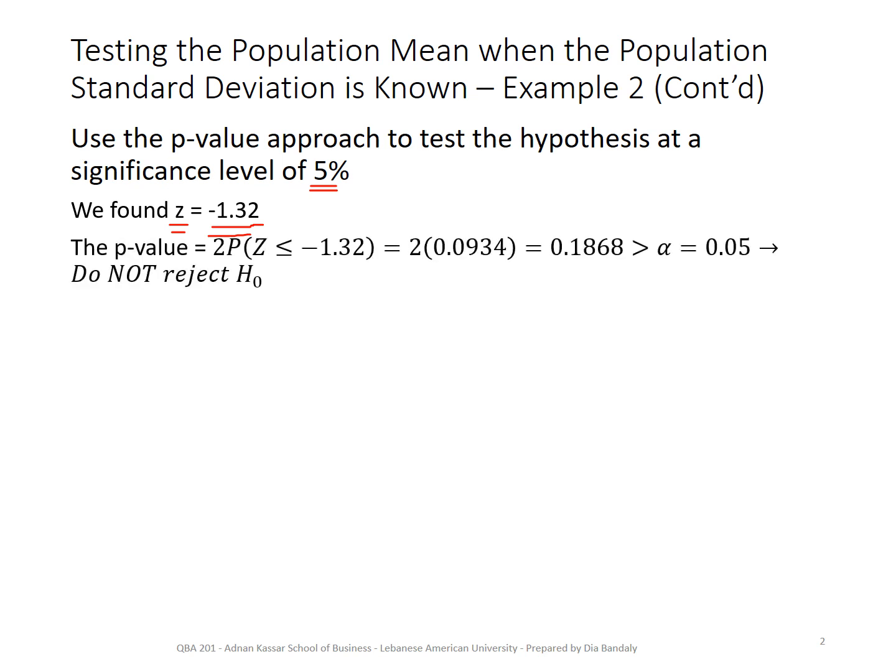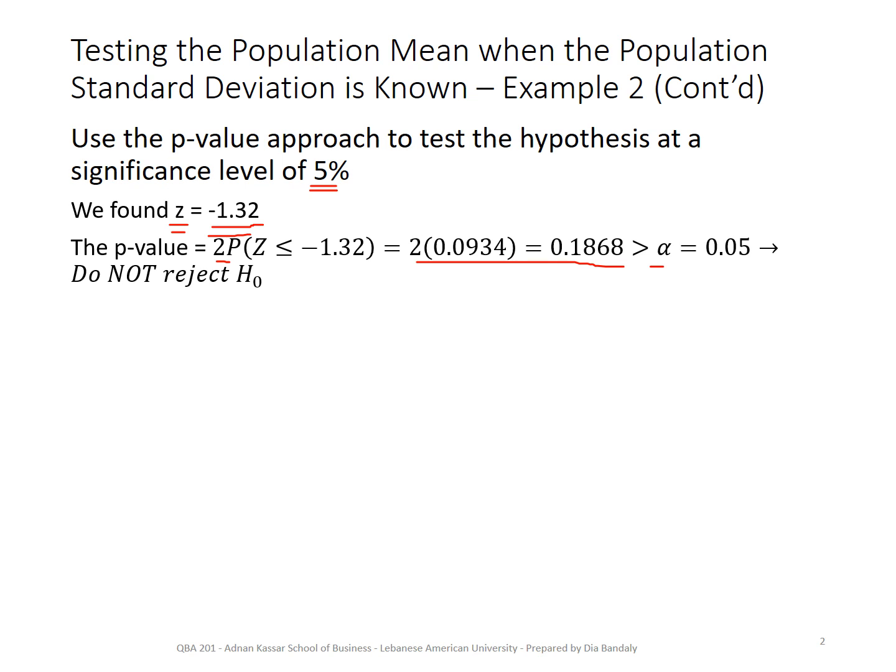It's the probability that z is less than or equal to that, plus the probability that z is greater than the opposite. So that's why we do 2 times P of z less than minus 1.32. We multiply that by 2 and we get 18.68%, which is very high, right? Which is very likely. And of course, if you want, we compare it to alpha, and it is greater than alpha. So we do not reject H0.